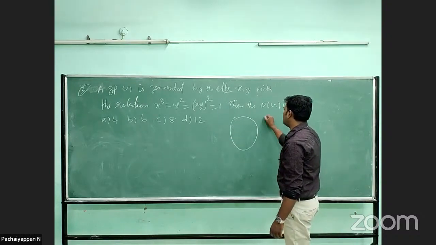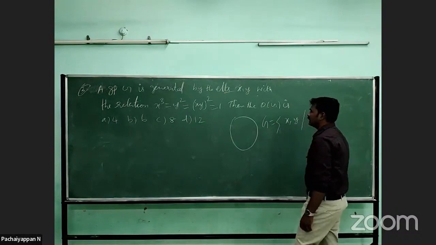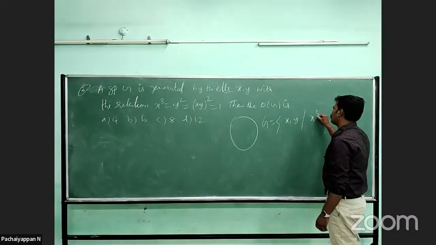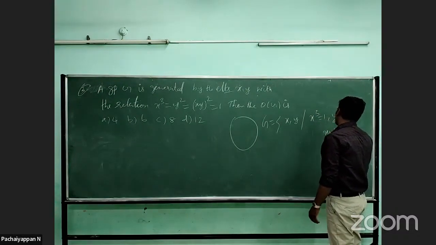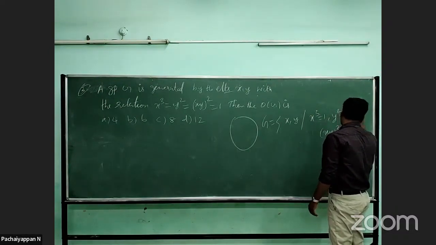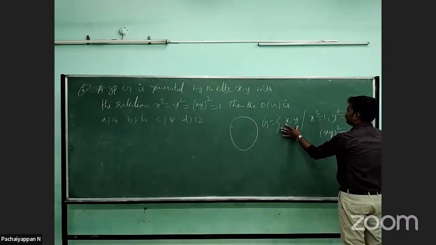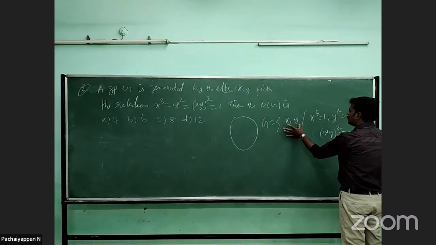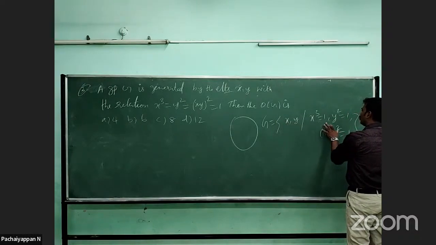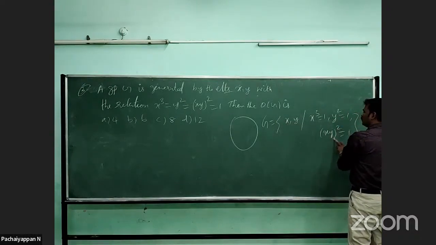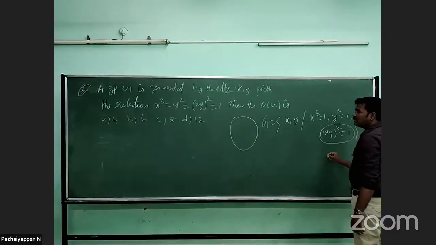So anyway, I will write here G equal to <X, Y> such that X cube equal to 1, Y square equal to 1, (XY) whole square equal to 1. This is our relation. We take the group generated by two elements, and the two elements have this property: X cube equal to 1, Y square equal to 1, (XY) whole square equal to 1.